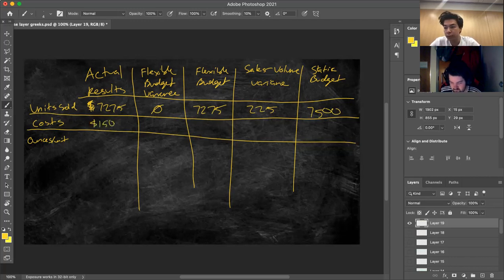Well, you'd probably have to put the total units in again. Total units. Yeah, so I put that's the top row. Total units.